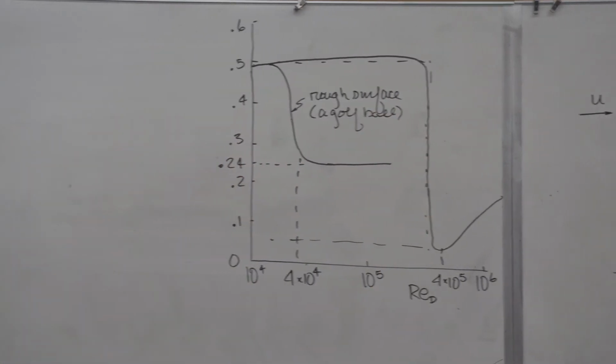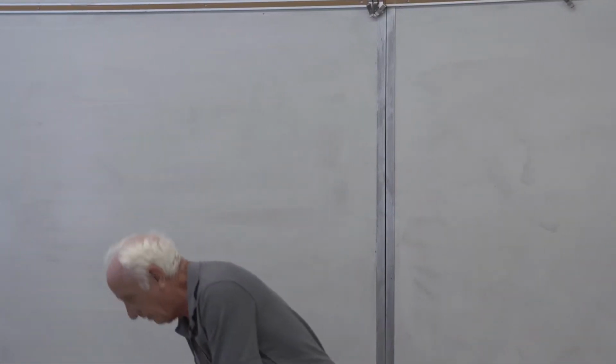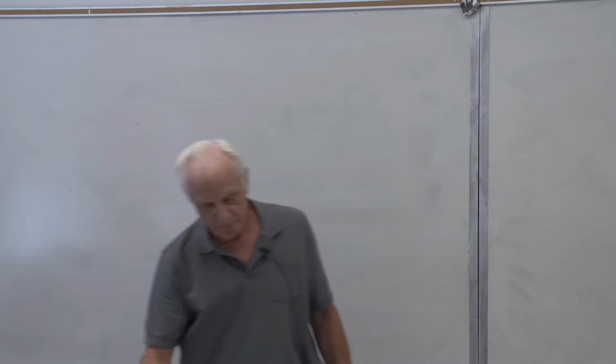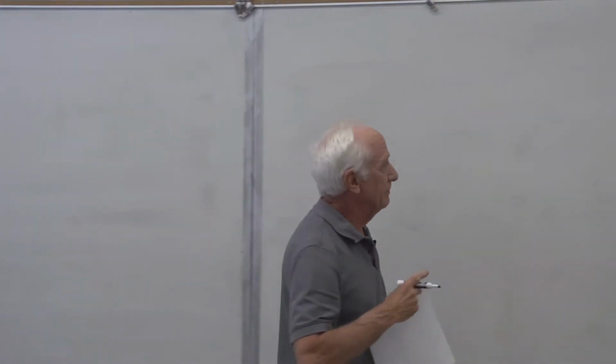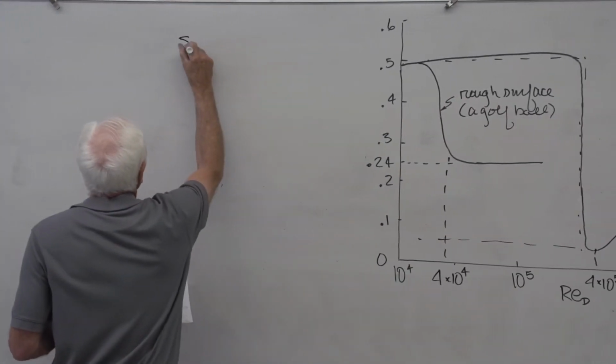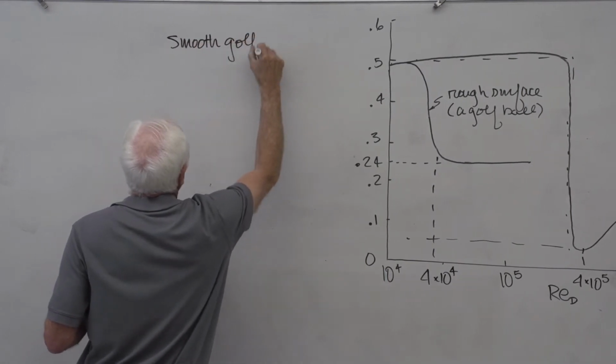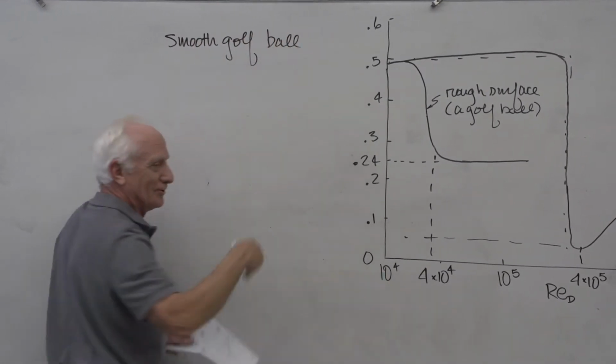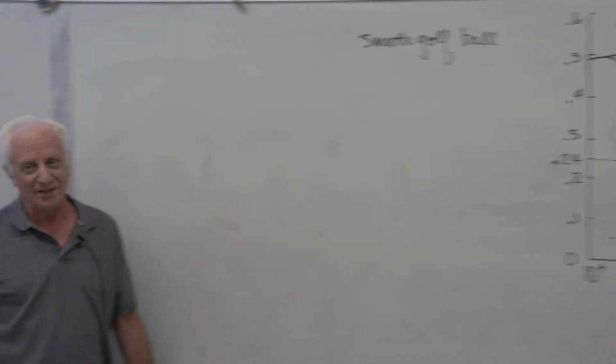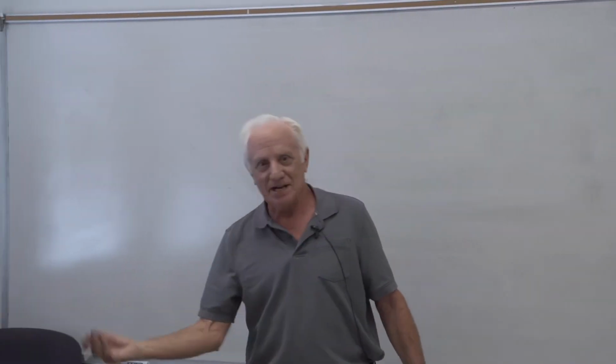You want to hit a smooth golf ball? This is what the books say. They actually took a lot of golfers and gave them smooth golf balls and said, hit these things, please. And they averaged how much their distance was.